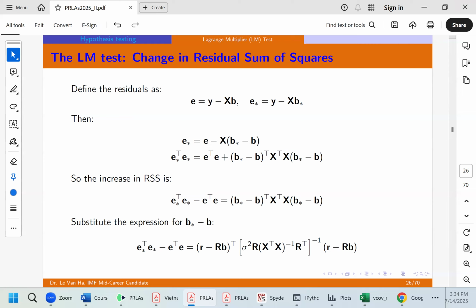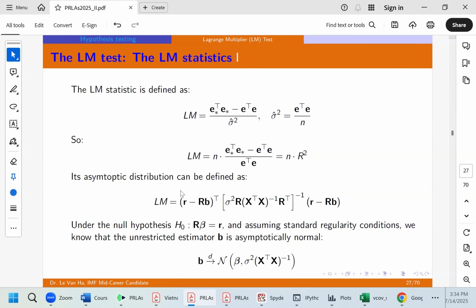And again, we can define the Lagrangian multiplier test as equal to this component here. You may notice that the Lagrangian multiplier statistic can be rewritten in this way.